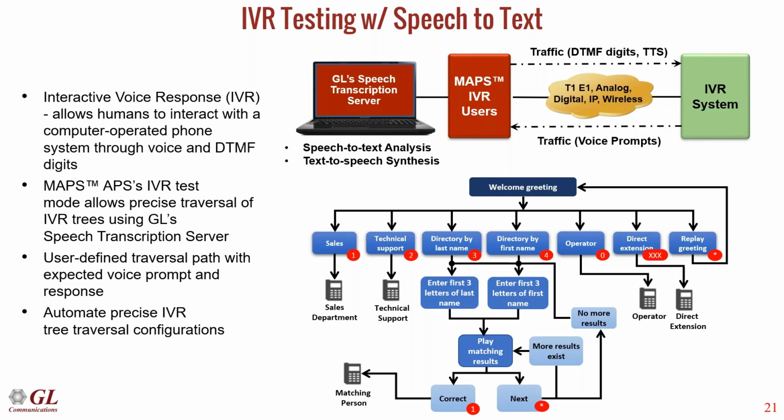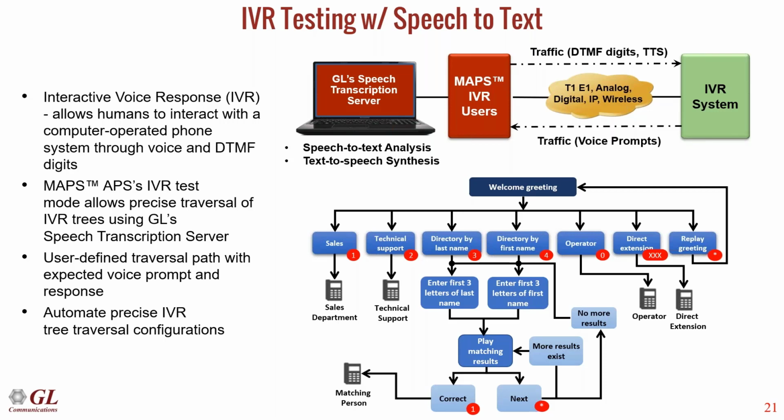We can do the same thing with testing voicemail. Basically traverse the IVR and then send or deposit a voicemail into the system by sending audio into the system and then retrieving that voicemail and confirming it is what we sent. So all this can be done with the MAPS APS, all automatically using this script.